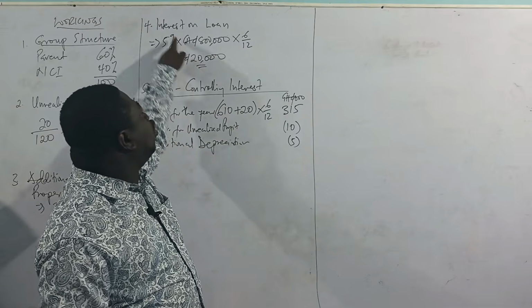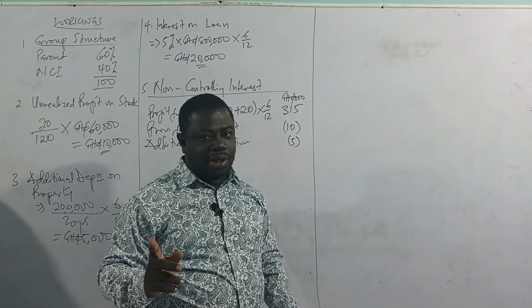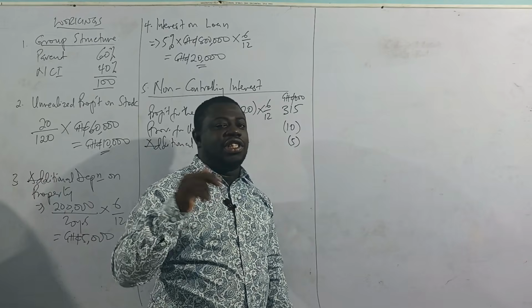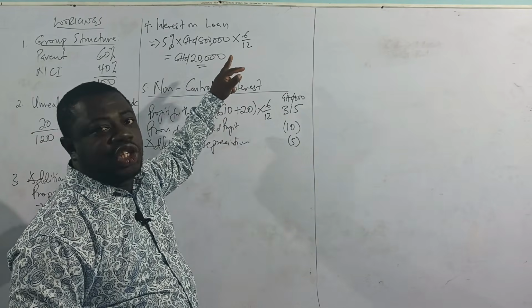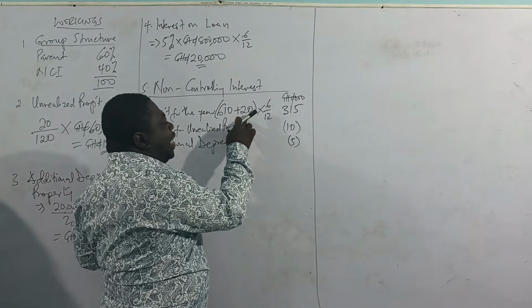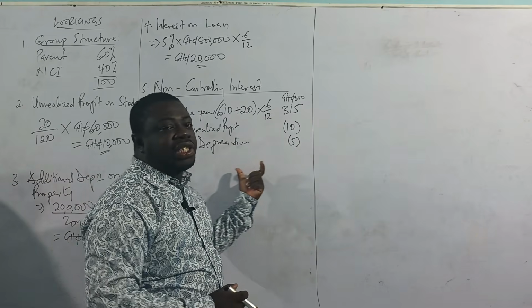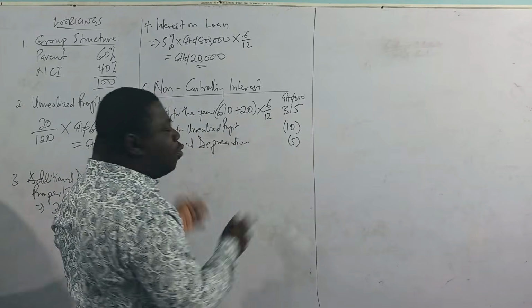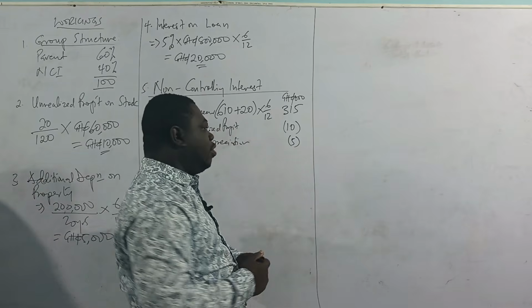Now, the interest on loan or the finance cost is entirely a post-acquisition period. It is not one of those expenses that happened before the acquisition. It's entirely a post-acquisition expense. So we added it back in determining the profit, but then we need to subtract it again as a full period cost in determining how much is left to be paid to the non-controlling interest.